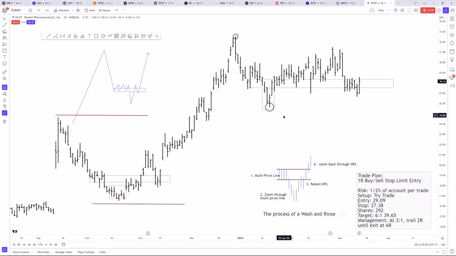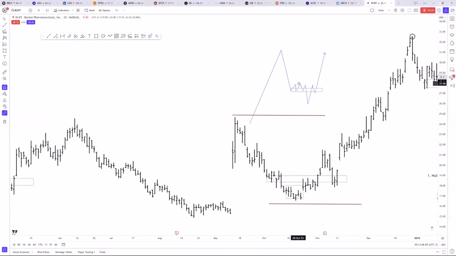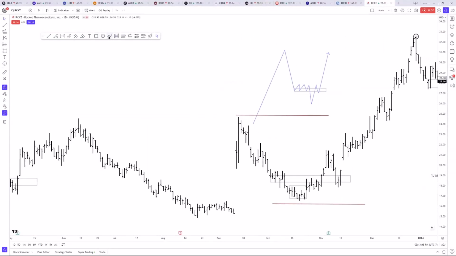But a lot of times when I'm swing trading, I don't even want to trade the swing. For instance, if I was swing trading this here, a lot of times I don't want to trade the swing if it doesn't have this wash and rinse component to it.